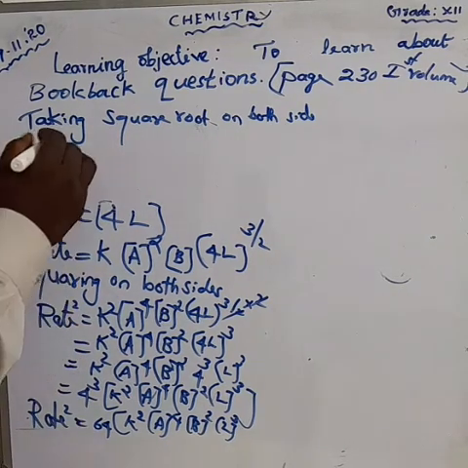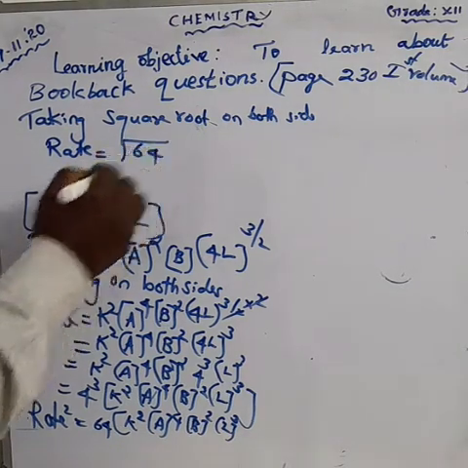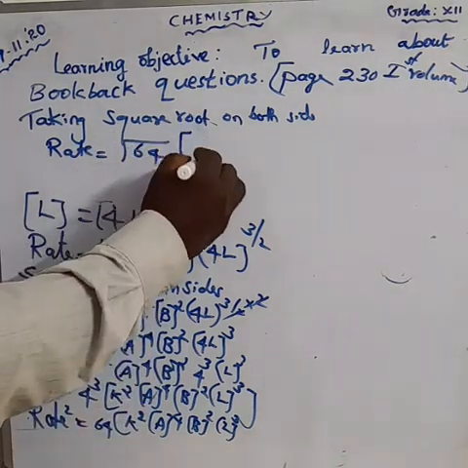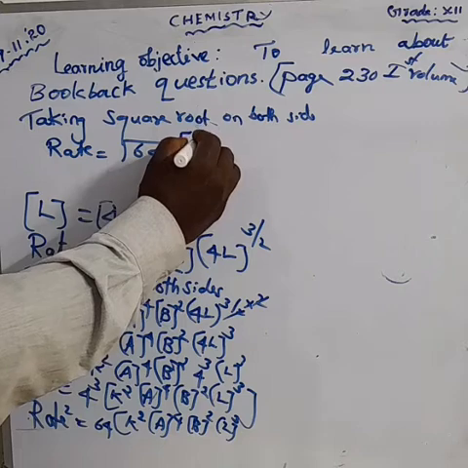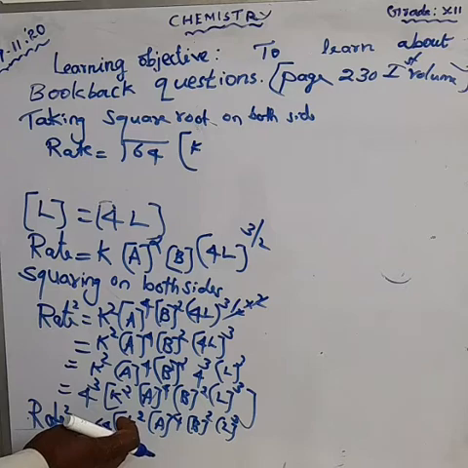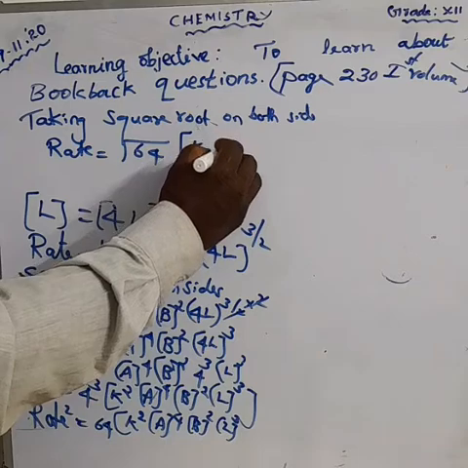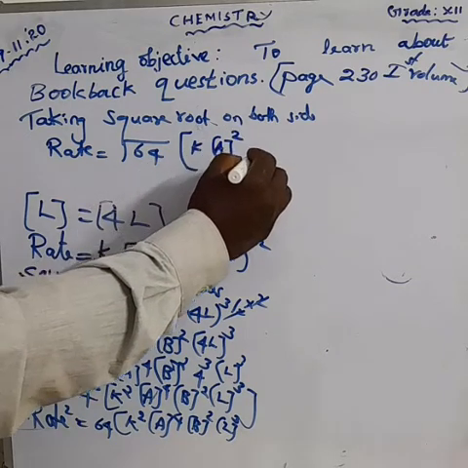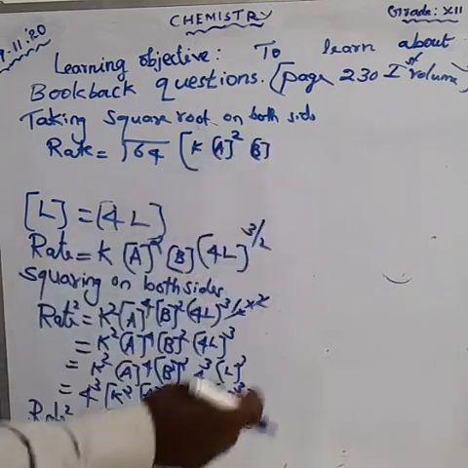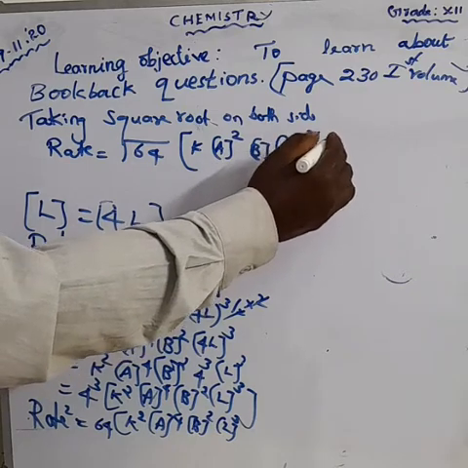So the rate is equal to square root of 64. Clear? Remaining right. K square, we are taking square root, so K square is converted to K. A raised to 4 is converted to A square. Clear? A square, and also B square is converted to B, am I right? B and here also L 3 by 2.